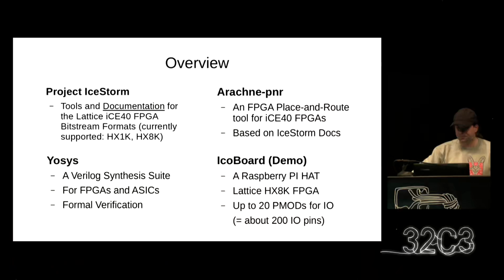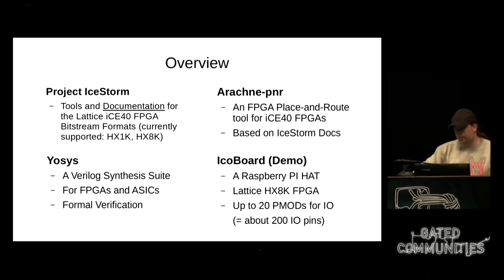So from the iStorm project, we get documentation for the bitstreams, in human readable form as well as in machine readable form, so we can write other tools that do useful things with this kind of devices. And also from Project iStorm, we have a couple of tools that we can use to read bitstream files for those FPGAs and convert those bitstream files into different formats and vice versa.